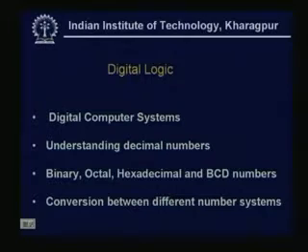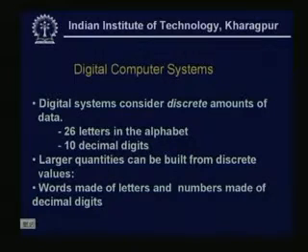First, digital computer systems consider discrete amounts of data, say the 26 letters in the alphabet as an example, or our 10 decimal digits 0 to 9. Then larger quantities can be built from discrete values, like words, say computer: C is a letter, O is a letter, M is a letter.